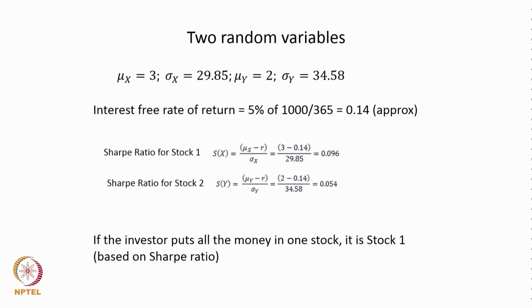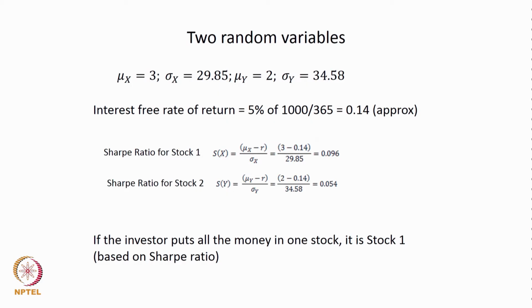So we compute what is called a Sharpe ratio for stock 1, which is mu x minus r by sigma x, which is 0.096, and the Sharpe ratio for stock 2, which is mu y minus r by sigma y, which is 0.054. So if the investor wishes to put all the money in one of the two stocks, then the person will choose stock 1 which has a larger Sharpe ratio.